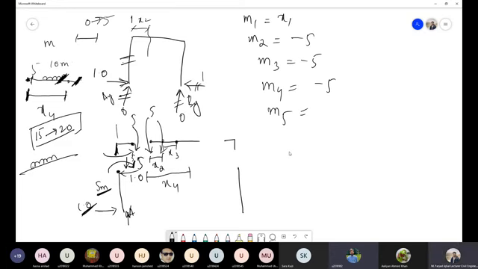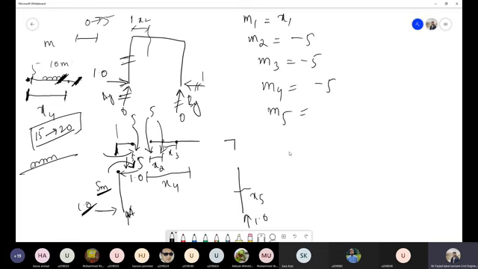So what will be the equation for small m5? Sir, in this case, this is x5. This is 1. So what will be the moment? So -5. This is x5. -5. How come? Then when we carry the moment to the other segment... There are two ways.